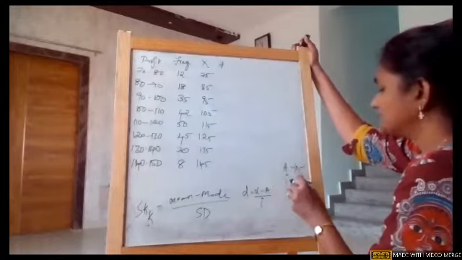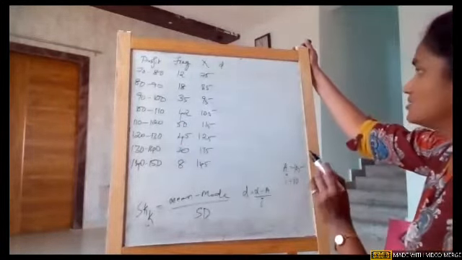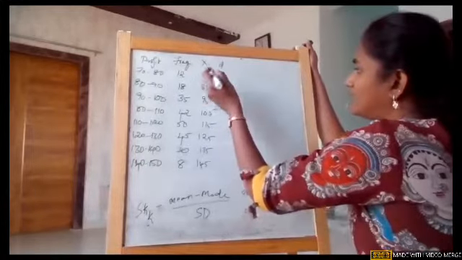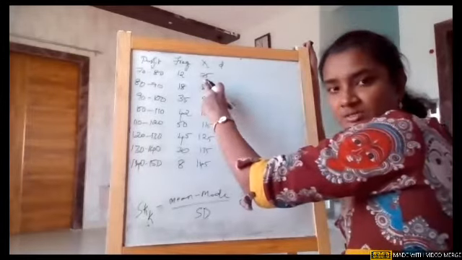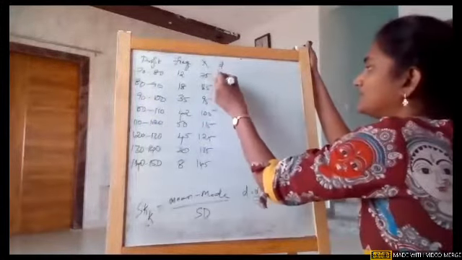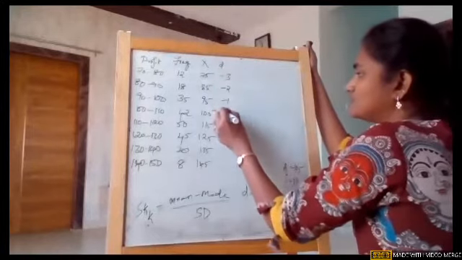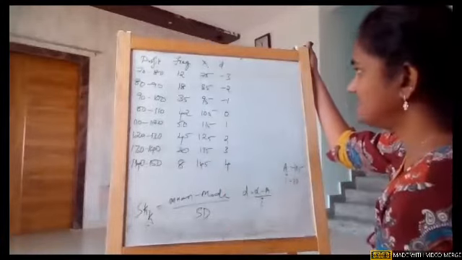And i, the class interval, we already understood the difference is equal to 10. So using this, 75 minus 105 gives you minus 30. So minus 30 divided by 10 is minus 3. So minus 2, minus 1, 0, 1, 2, 3, and 4. So this is the D value.